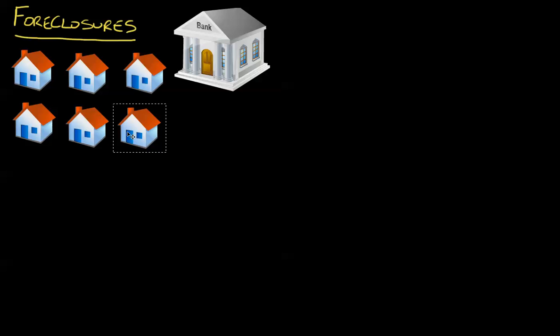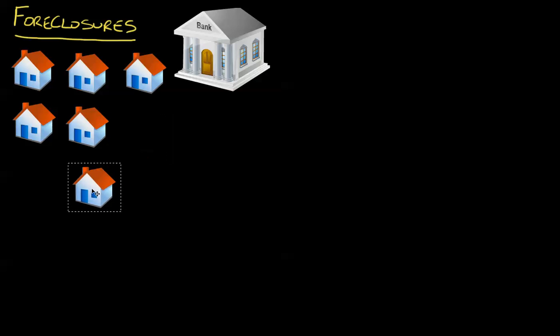So they need to figure out a way to release these properties from their balance sheets. And what they did was put these on the market for sale as REO properties. Real estate owned properties is what you'll see in newspapers or online if you're ever looking at real estate.